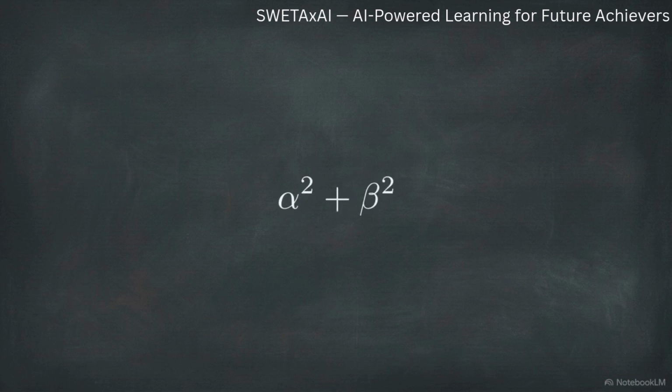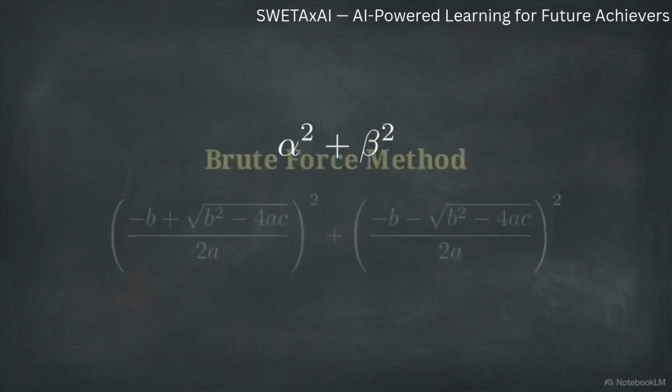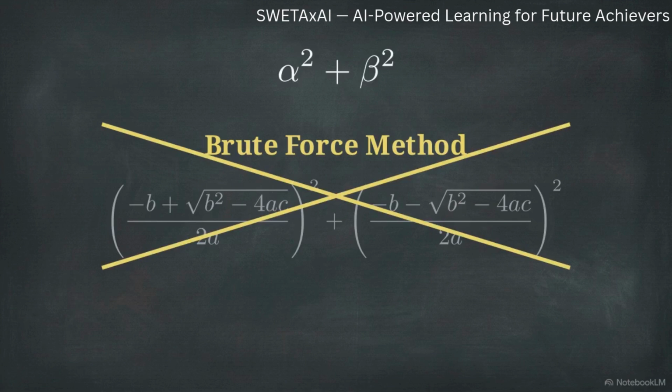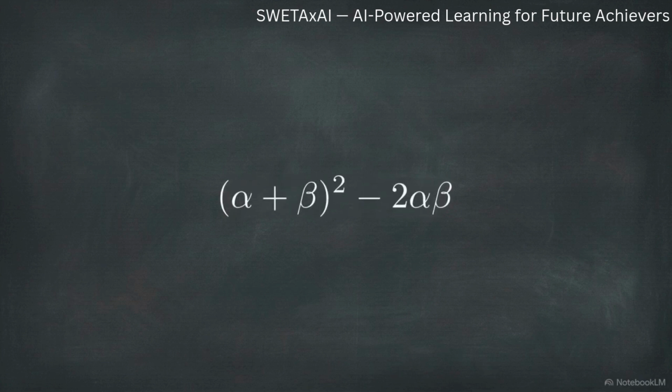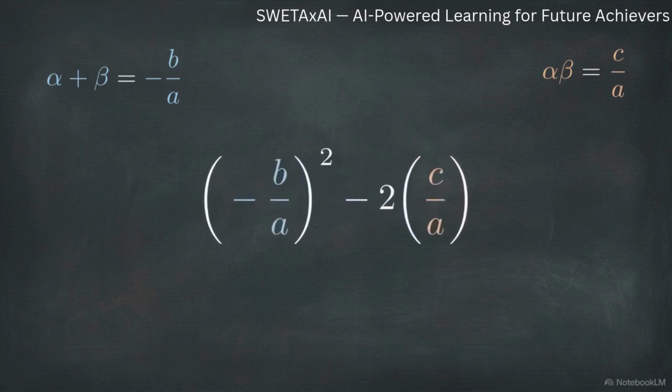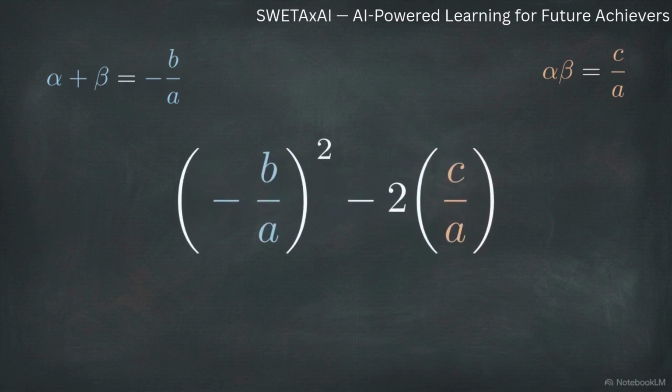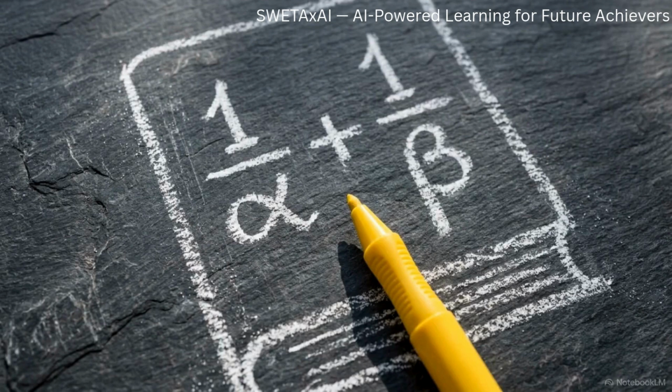To solve for alpha squared plus beta squared, finding exact roots first is inefficient. Instead, use polynomial expansion. Rewrite it as the square of the sum of alpha and beta, minus 2 alpha beta. Now, simply plug in the sum and product values from Vieta's formulas. We can apply this same logic to fractional expressions, like finding the value of 1 over alpha plus 1 over beta.